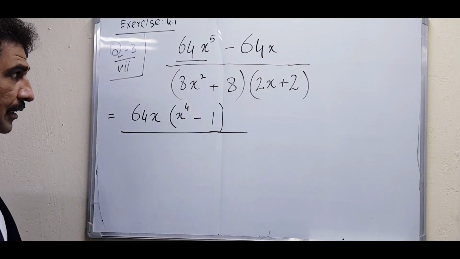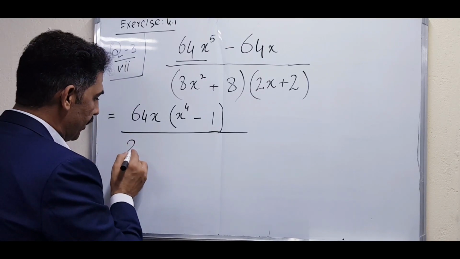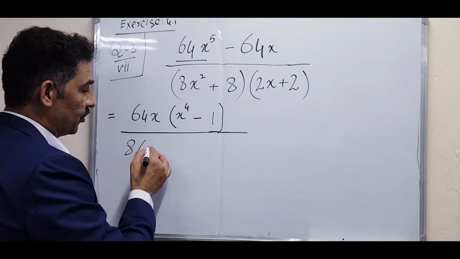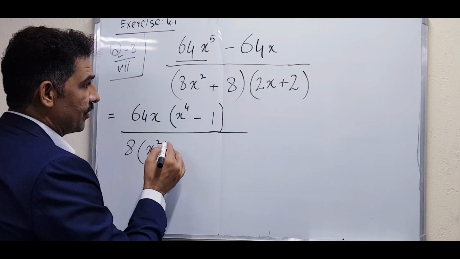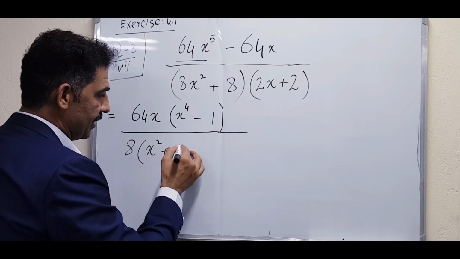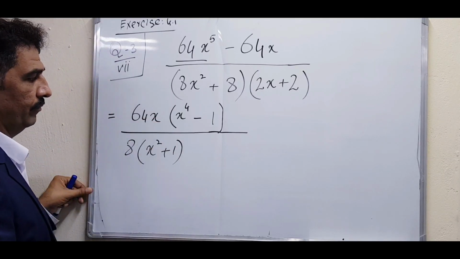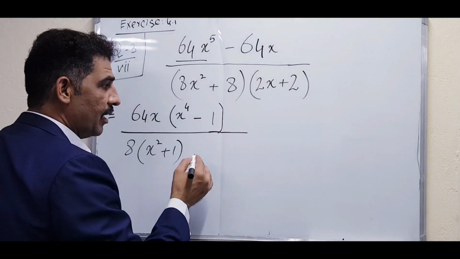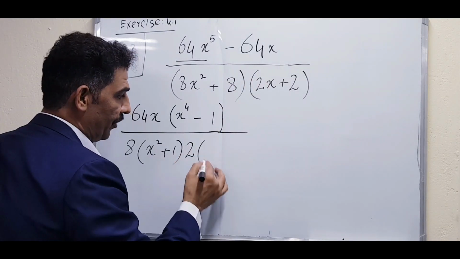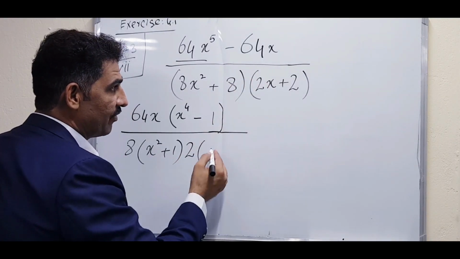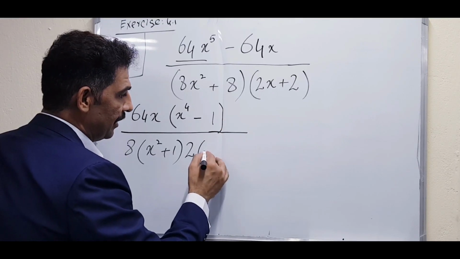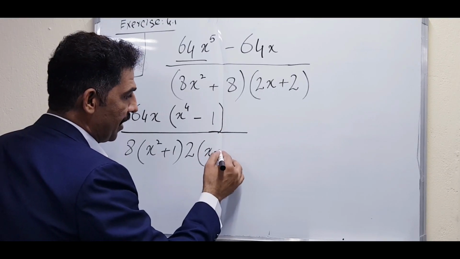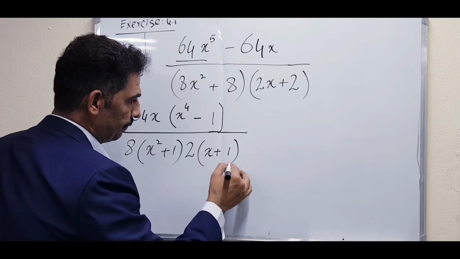What is that? 8. Good. So we'll take 8 common. So what is remaining? x square plus 1. What is common here? 2. Good. So what is remaining? After taking common, x plus 1.